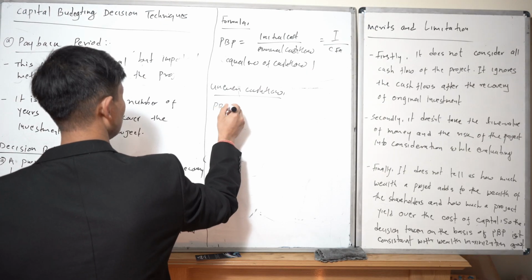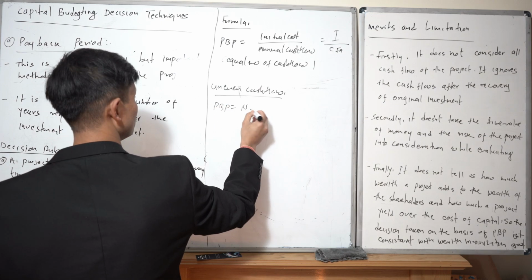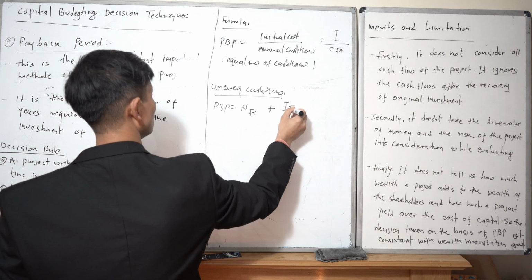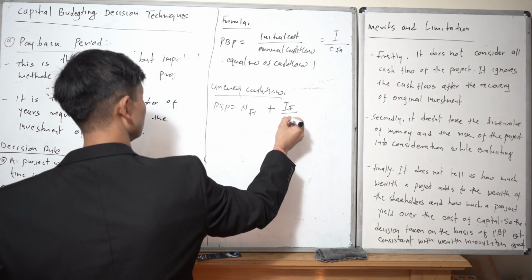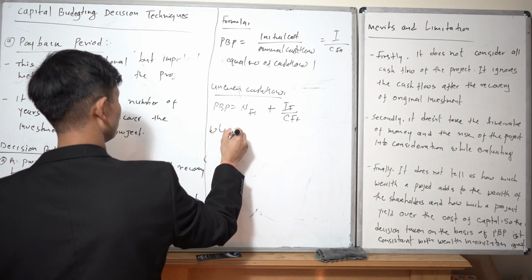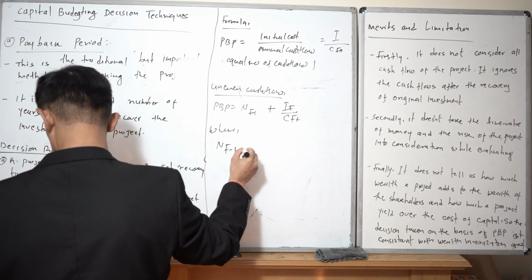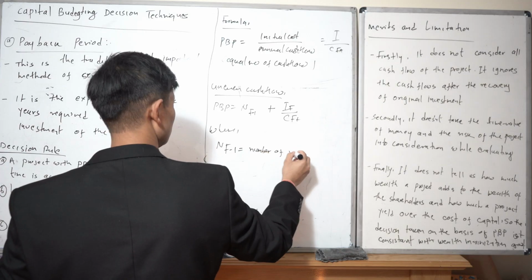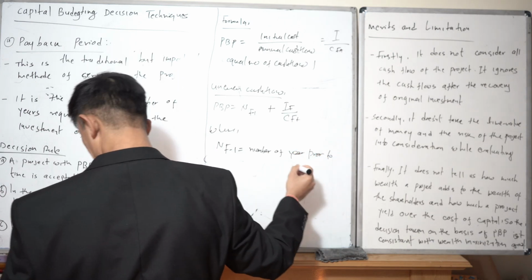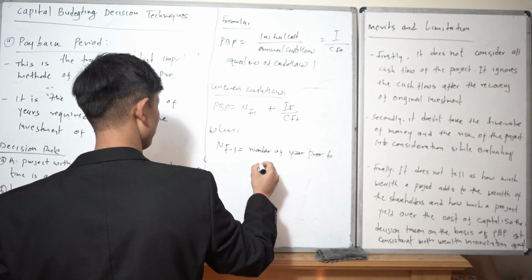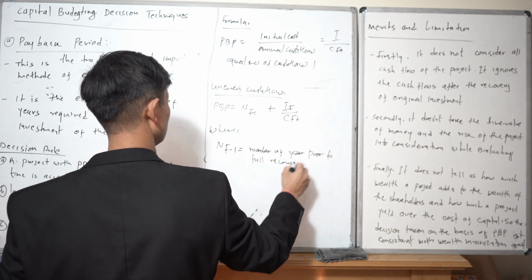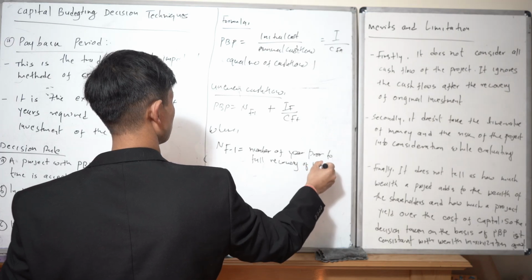So payback period is F minus 1 plus IF divided by CFF, where F minus 1 is equal to the number of years prior to full recovery of investment.